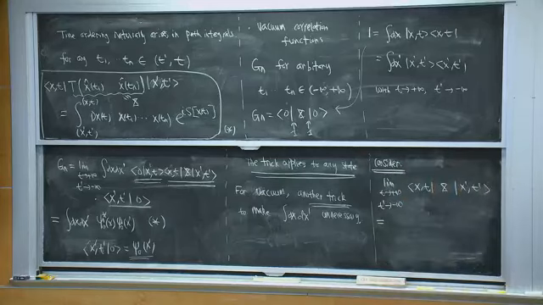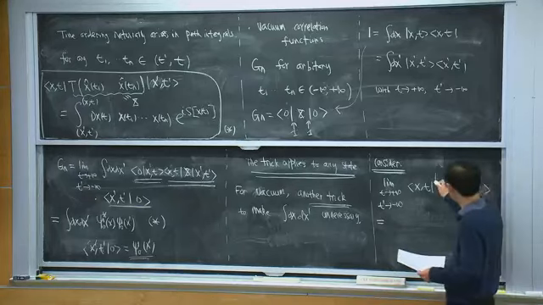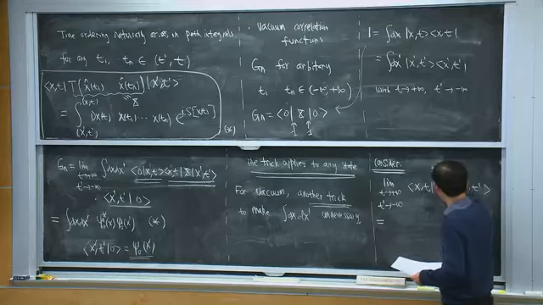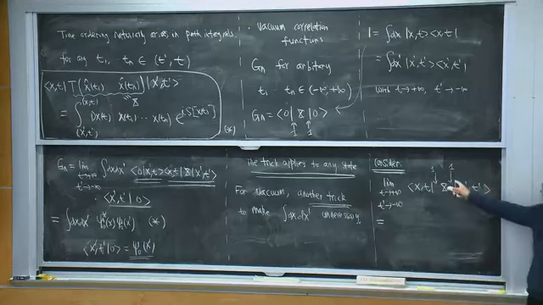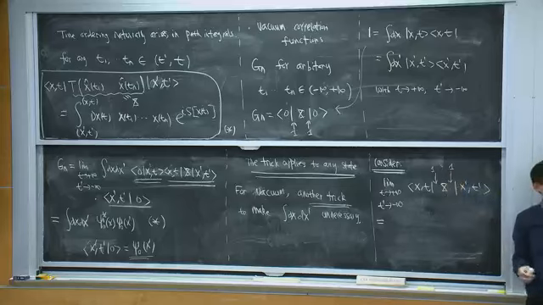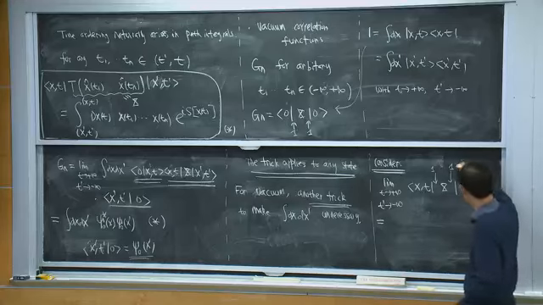Again, we are going to insert identities here and here, but now we insert the identity expressed in the complete set of energy eigenstates. I just formally label them by n and m.